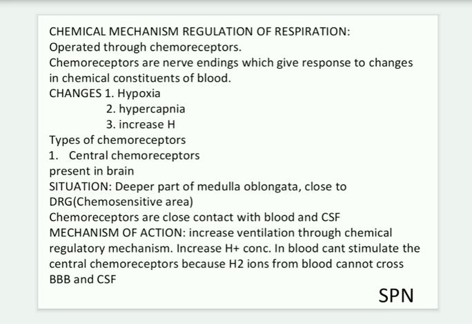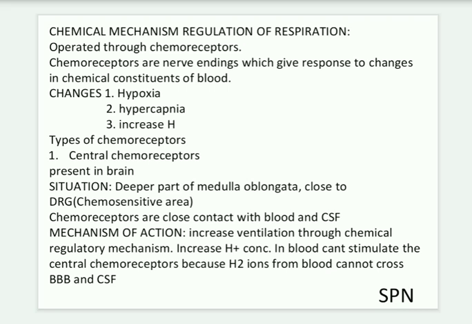The types of chemoreceptors are central chemoreceptors and peripheral chemoreceptors. Your central chemoreceptors are present in the brain, mostly in the deeper part of the medulla oblongata, in very close contact with the blood and CSF.